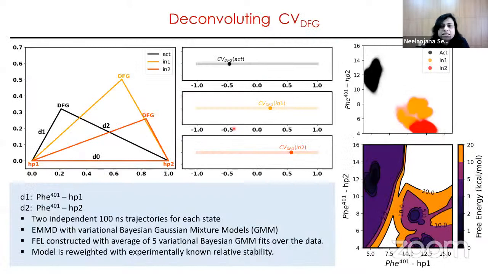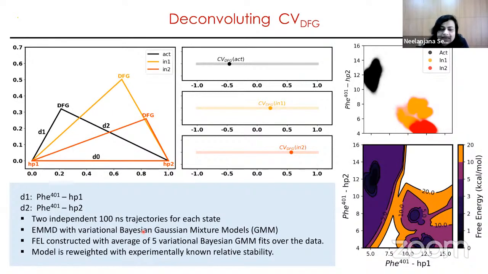What we did after that is that we started looking at the projections of CVDFG onto other collective variables, possibly coming up with other reaction coordinates. If we use independent trajectories and a variational Bayesian Gaussian mixture, our journey was a little bit of trial and error.